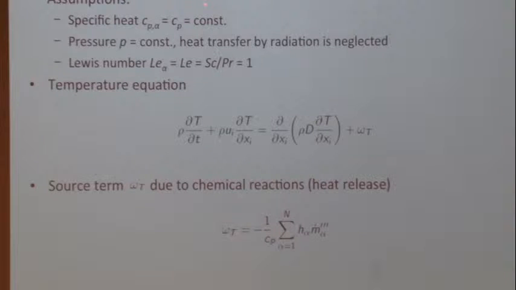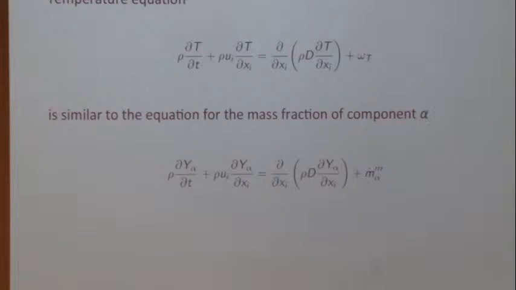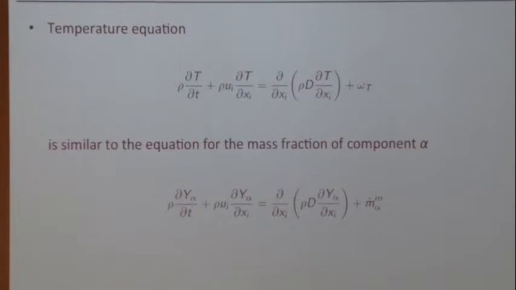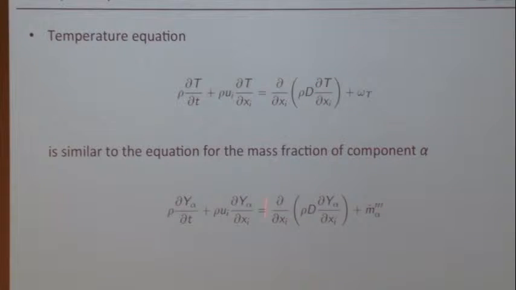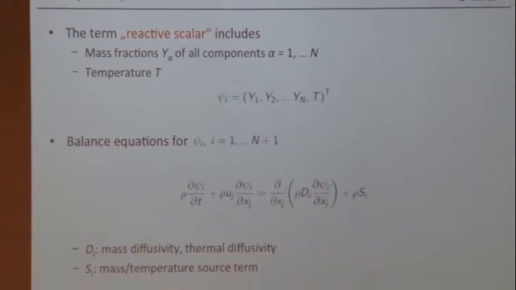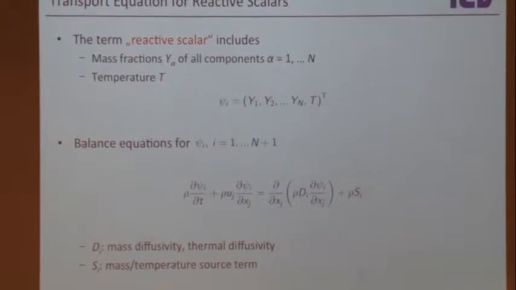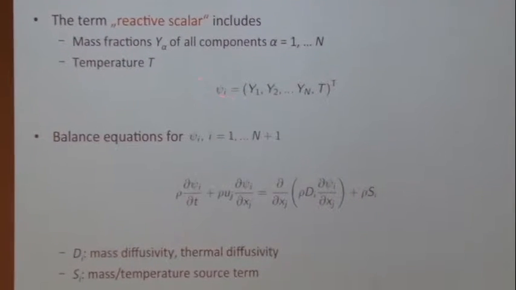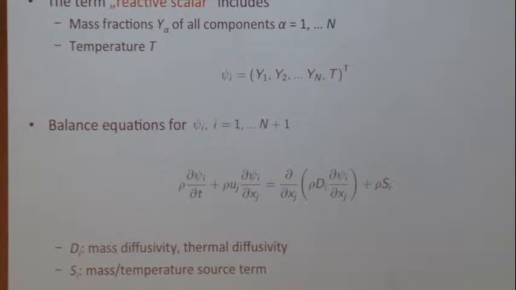Now we can do the same thing for the reactive scalars. Let's take the temperature here, chemical source term. This is the species equation, also chemical source term. You see the form of these is roughly the same if I neglect a few terms for the temperature, which we do here just for illustration purposes. Then I can define a reactive scalar, could be either the species or the temperature.